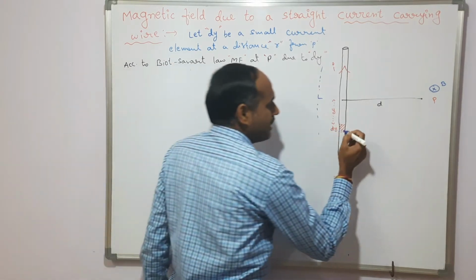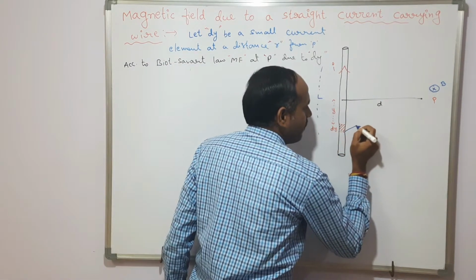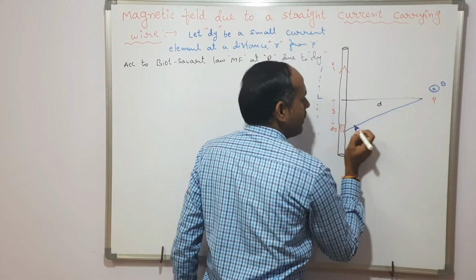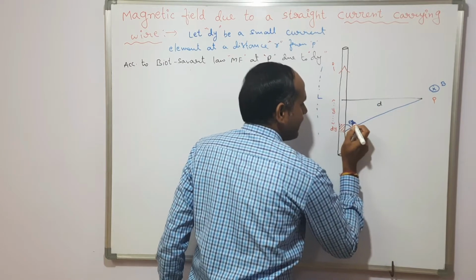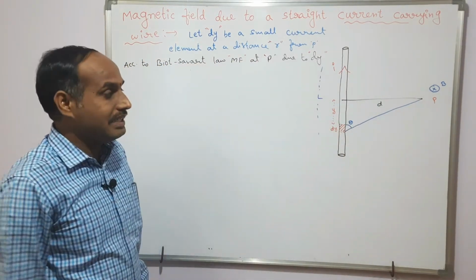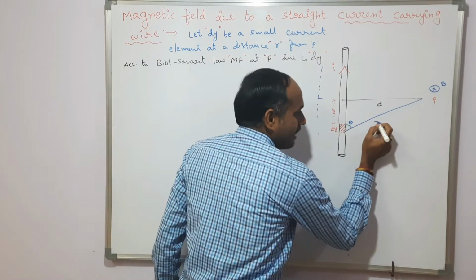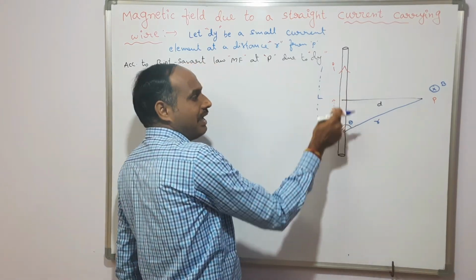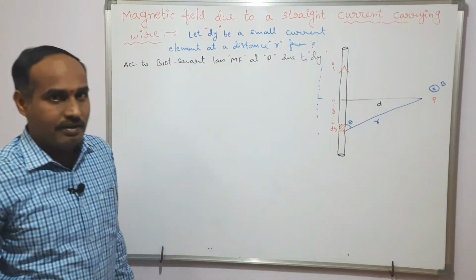When you join the line from this element dy to the point P, it makes a certain angle theta. According to Biot-Savart, this theta is the angle between the direction of the current element and the position vector r.